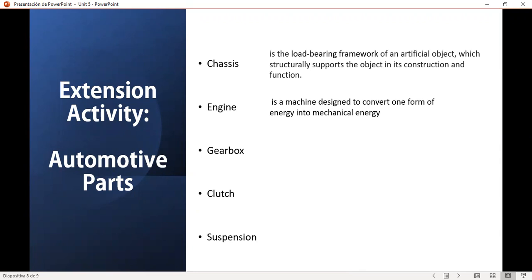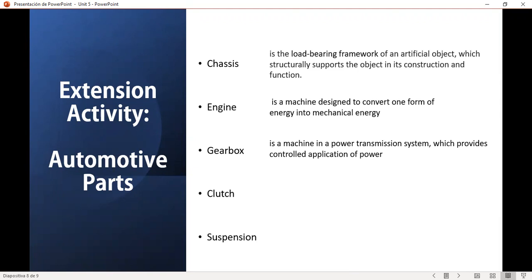So the gearbox is a machine in a power transmission system which provides controlled application of power. Then we go with the clutch.